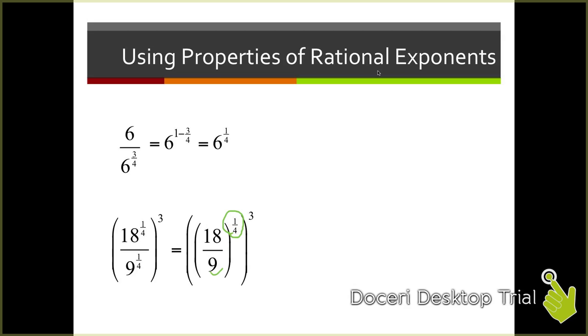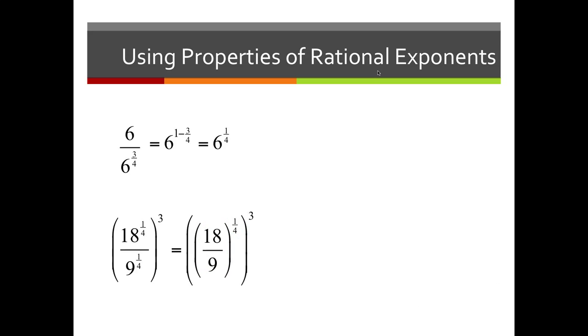And then I have the 18/9 here. The reason that's helpful is because I can actually take 18 divided by 9, which gives me 2, and then the 1/4 to the third power will give me 3/4. So I end up with a simplified answer of 2 to the 3/4 power.